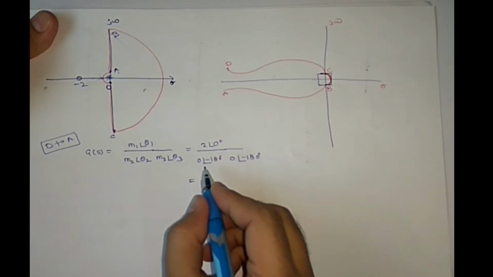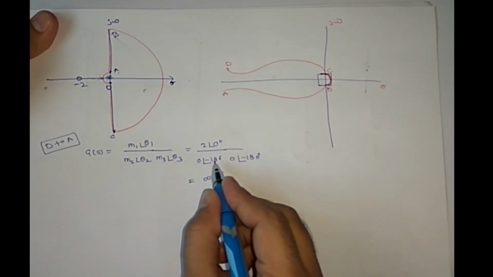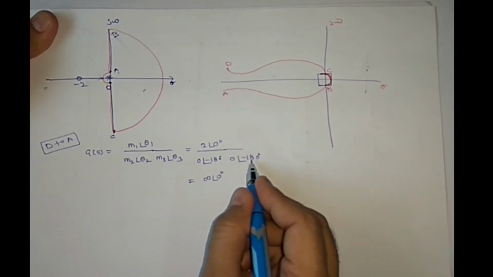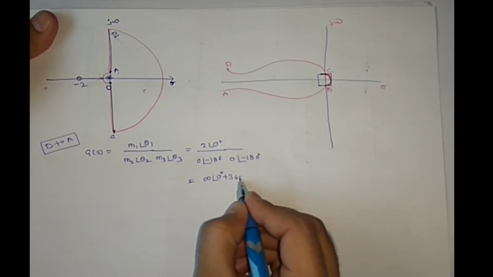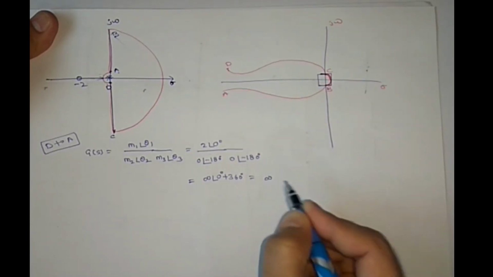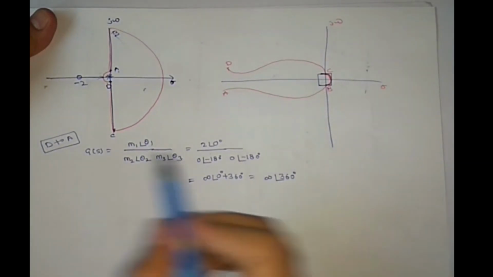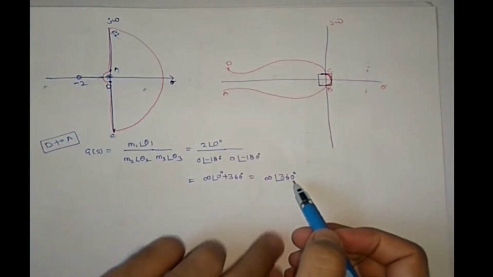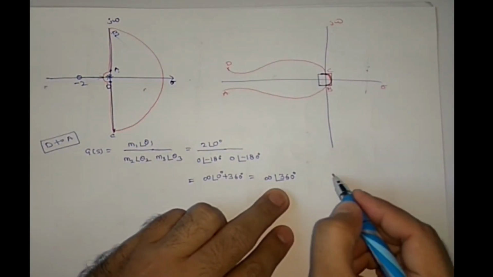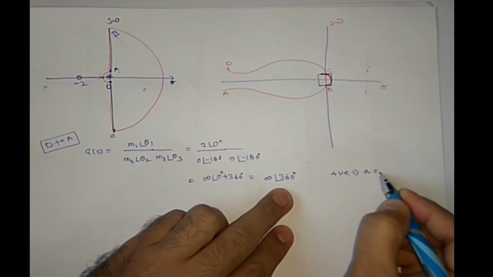So 2 by 0 means infinity, 0 degrees, and this minus 180, minus 180, minus 360, if we go up, plus 360 degrees. So infinity with an angle of 360 degrees. Okay, D to A you need to take 360 degrees, plus 360 means a positive angle, means anti-clockwise direction, right?